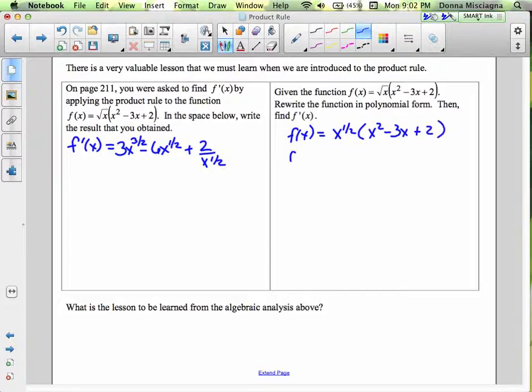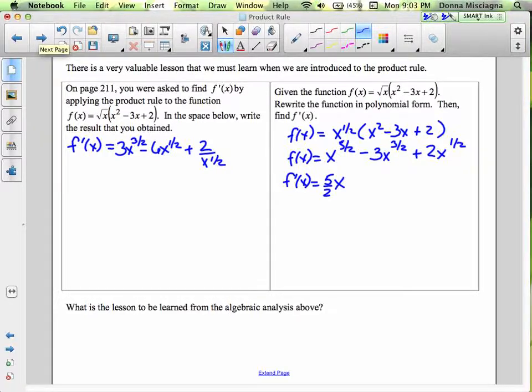All right, and so that would be f of x equals x, so 4 halves plus a half, that'd be 5 halves, minus 1 plus a half, that would be 3 halves, plus 2x to the 1 half power. All right, so f prime of x equals, coefficient goes in front, 5 halves.